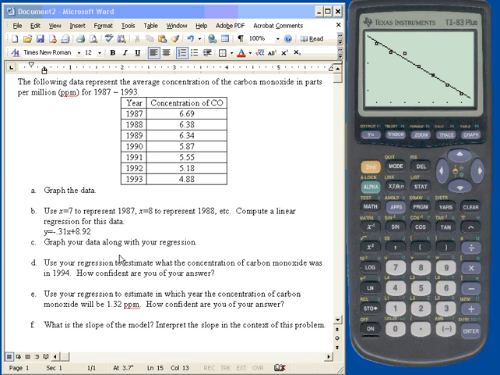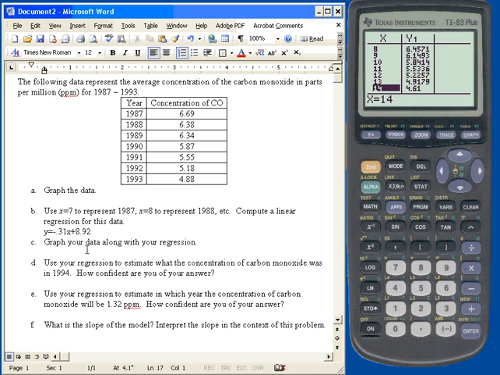Now, use the regression to estimate what the concentration of carbon monoxide was in 1994. So basically we want to plug in the number 14. Probably the easiest way to do that is to go to the table. You could scroll down, plug in the number 14, and you get 4.61.